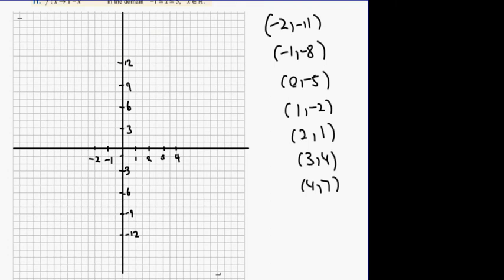Now, for example, if I want to find minus 2, minus 11, where's that located? Minus 2 is here. Where's minus 11? Just above, the line above the 12. Next one, minus 1, minus 8. Keep going down, tell me when to stop. 0, minus 5.